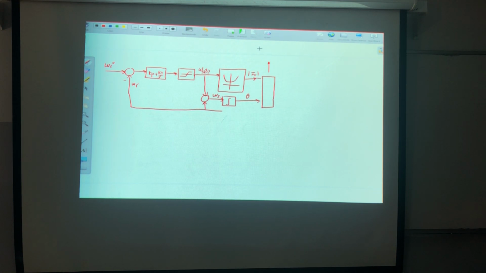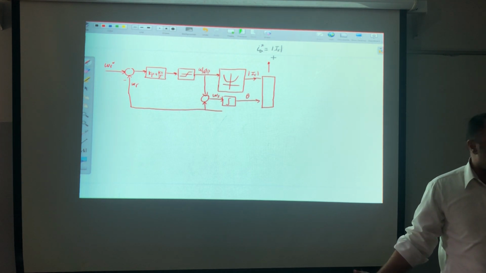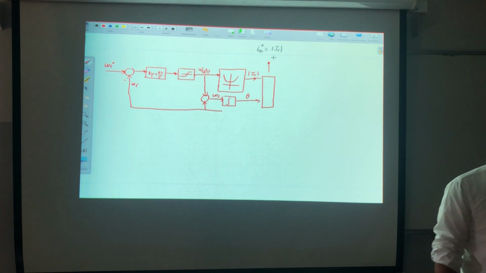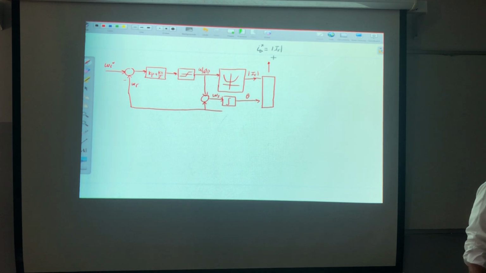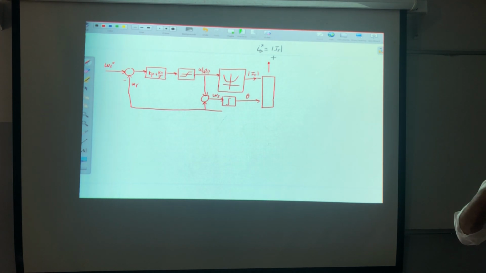So now I will have IA star as a reference. This will equal what? IS. Now, we assume that this amplitude is the maximum value. You know that in circuit analysis, either you are using the maximum value or the RMS value, according to the textbook you are following or your instructor. From day one, he will say that I'm using the RMS value or the maximum value. So let's assume that we are calculating the maximum value.